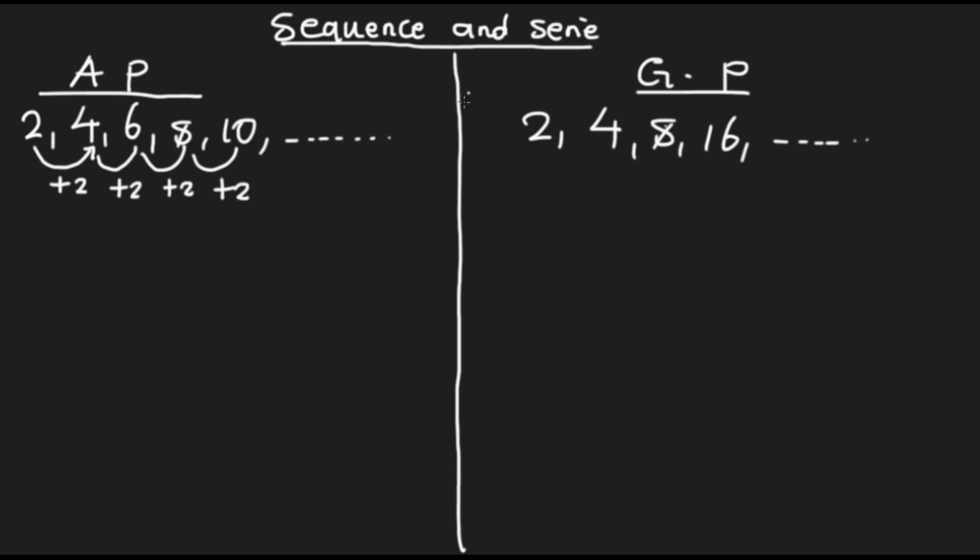So let's try multiplication. So let's say 2 multiplied by 2, we get 4. 4 multiplied by 2, we get 8. 8 multiplied by 2, we get 16. So here we can see that if we use multiplication, we are using the same number, which is 2.